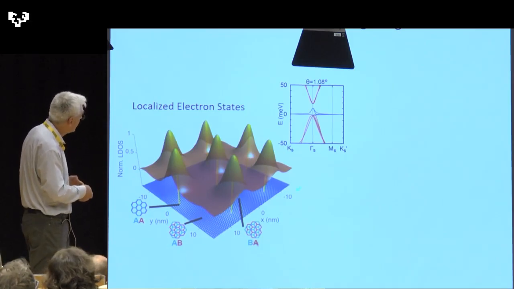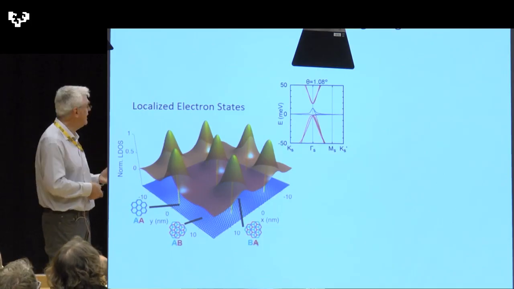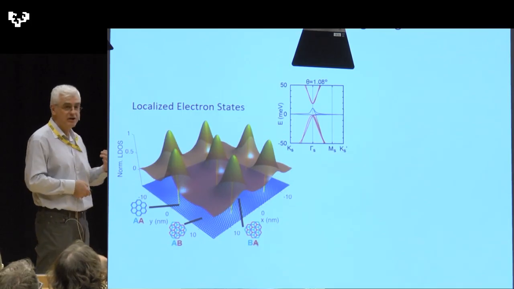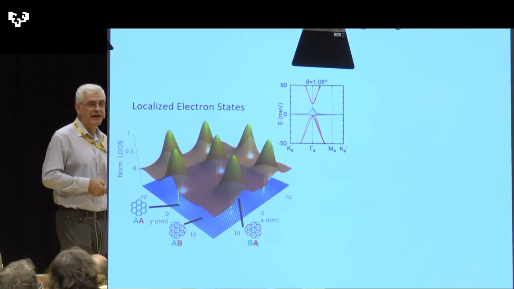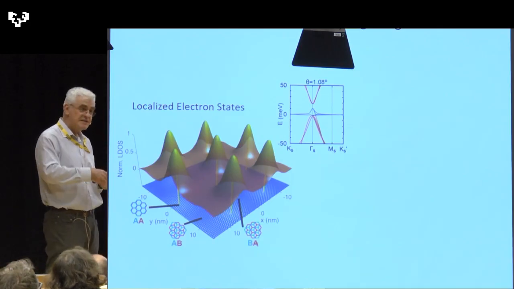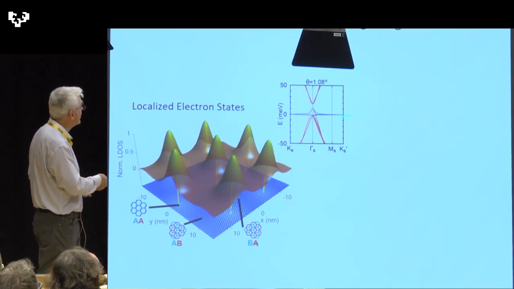So here at the bottom is the moire pattern, and you see high peaks of electron density at the AA regions. So this corresponds to an AA region, this to another AA region, and so on. Exactly the high energy regions where I told you that the system doesn't like to be. That's actually where the electrons want to be for states near the Fermi level.